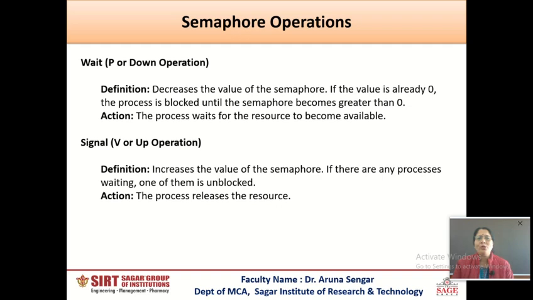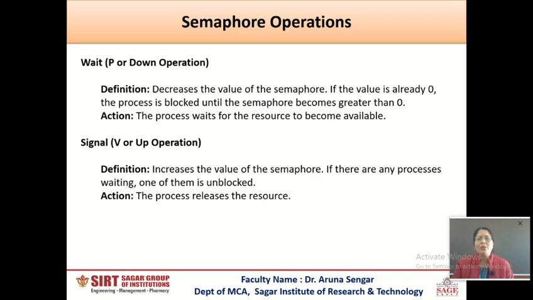When wait operation takes place, the process has to wait till the resource gets free. As soon as one process occupies one resource, it decreases the value of the semaphore. And the operation that increases the value of the semaphore is the signal operation.